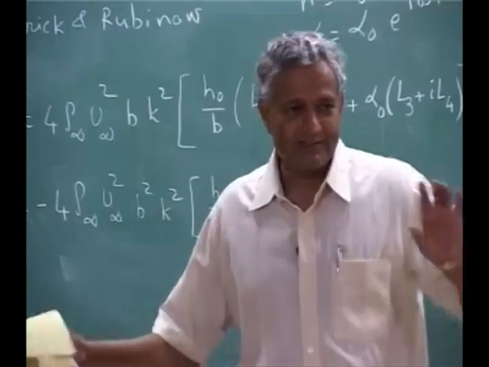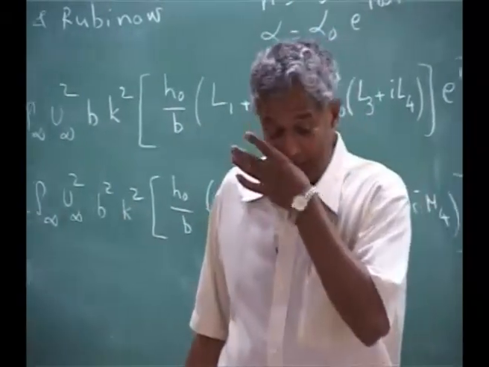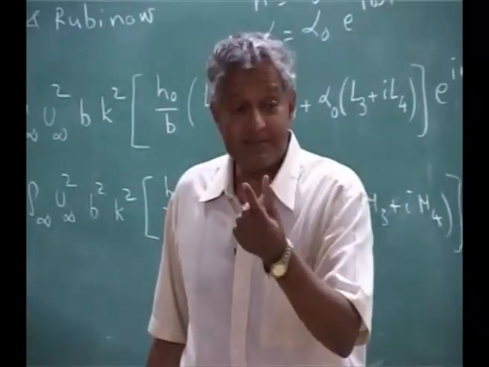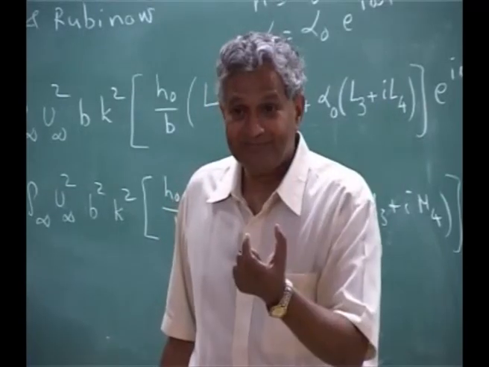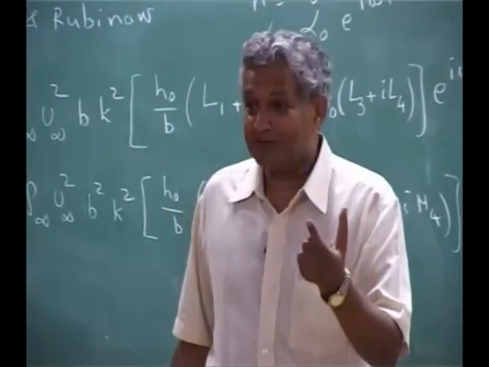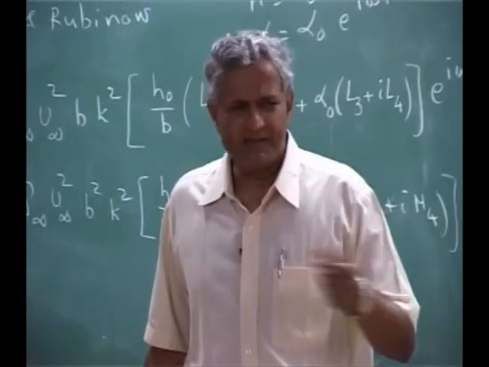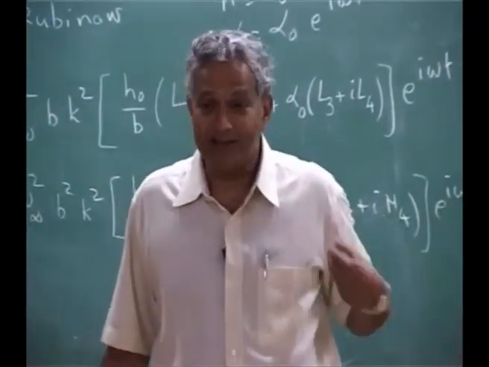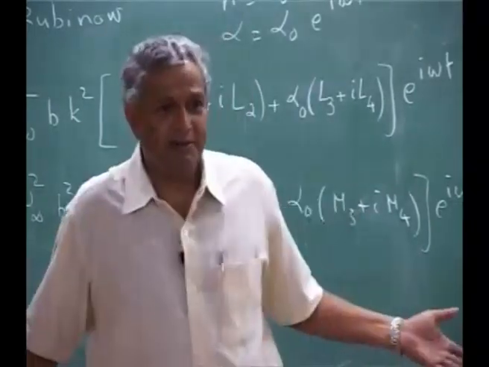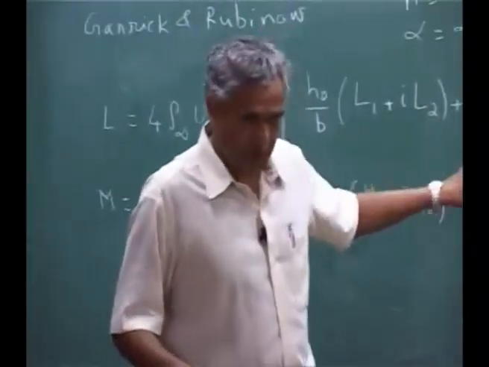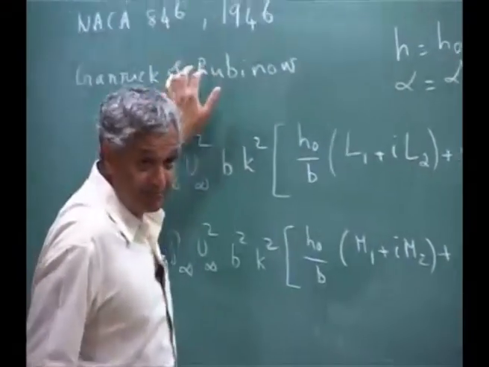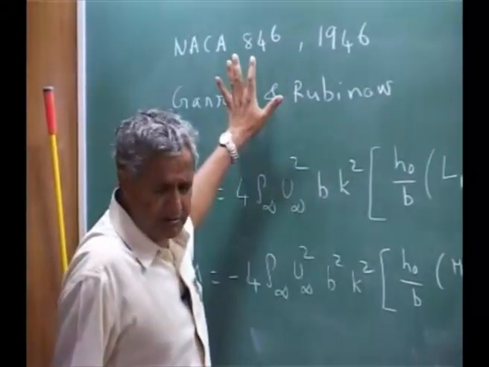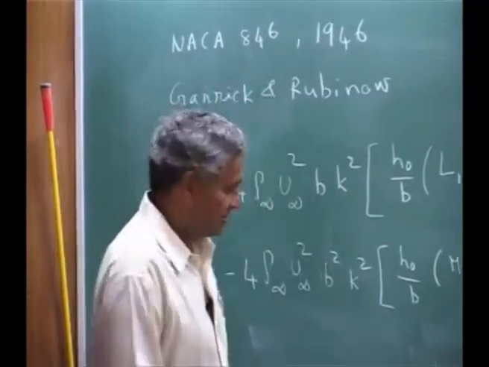These are the two approximations I will make, and I will get a very simple closed form expression for pressure, which I directly go ahead and start using for my unsteady aerodynamics. I will not get into this, but of course this is there in this reference. That's why I wrote it down, because you can download this paper from the internet.